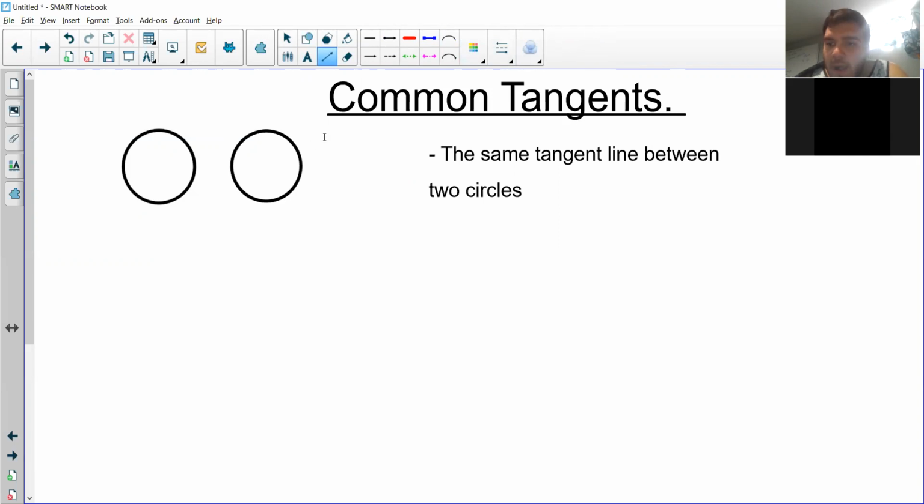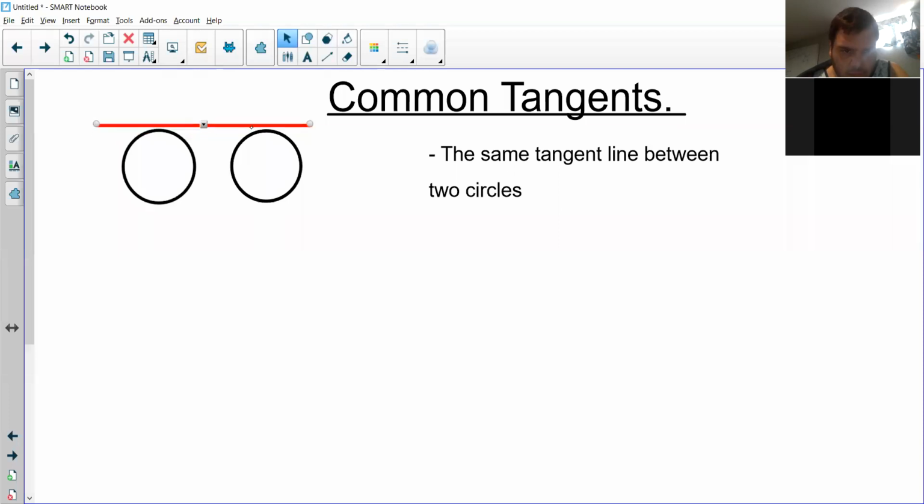So how many tangent lines can two circles that are outside of each other possibly have? Well, you could have one line that goes across the top, kind of like this. I'll try my best to make it as nice as possible. Again, if your line's a little crooked or your circles are not perfect, it doesn't really matter.